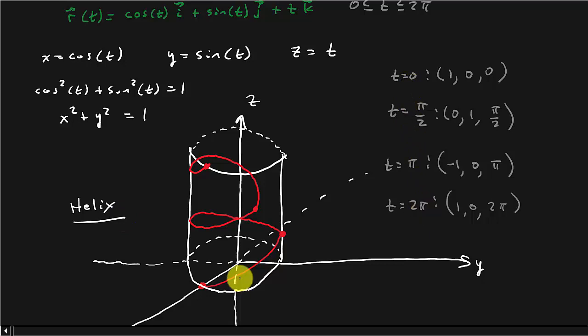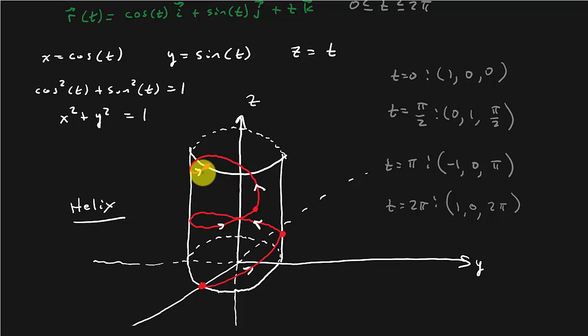Now, you see how the t values are going, and we need to put arrows on there so we know which direction. And look, you can see we're moving this way, right? So we're moving along like this. And of course this thing just keeps going.